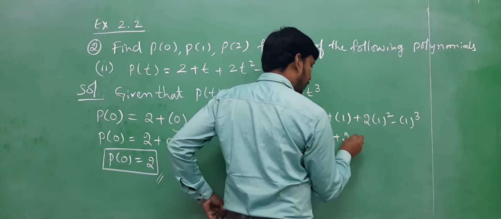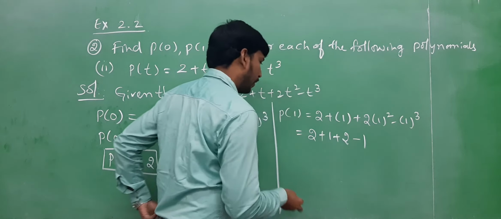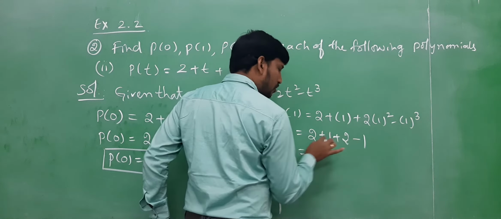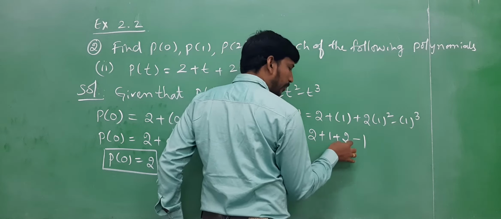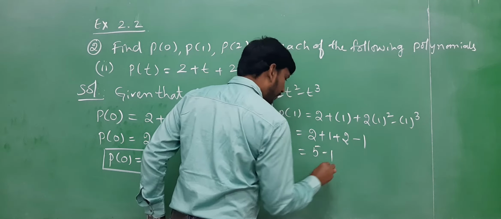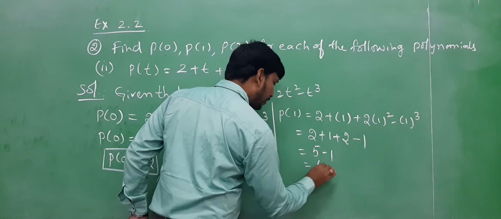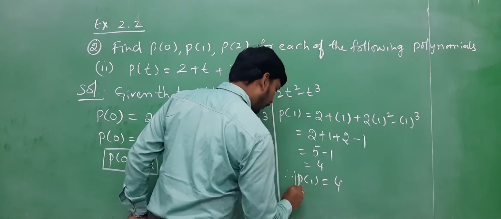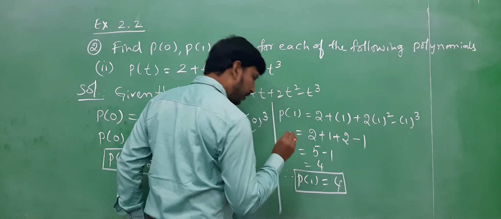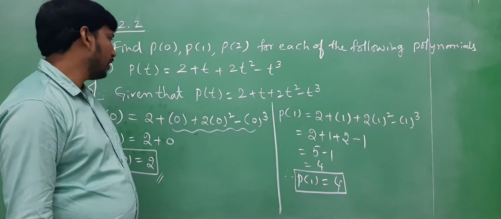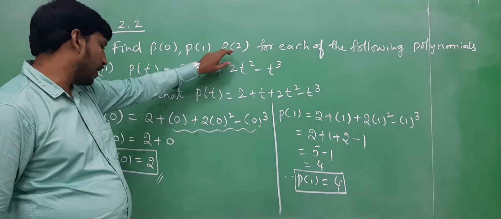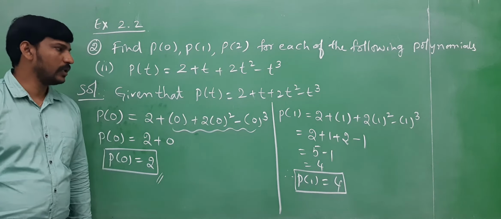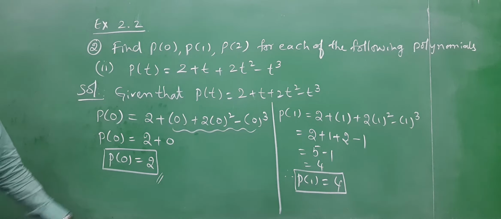So 2 minus 1 cube is 1 only. Now add: 2 plus 1 is 3, 3 plus 2 is 5, 5 minus 1. What is 5 minus 1 here? Which is 4. Therefore here P of 1 is equal to 4. P of 1 is equal to 4 here. Clear, children? Now we need to find out P of 2 also. Just copy these two. I'll explain P of 2 also. Copy this.